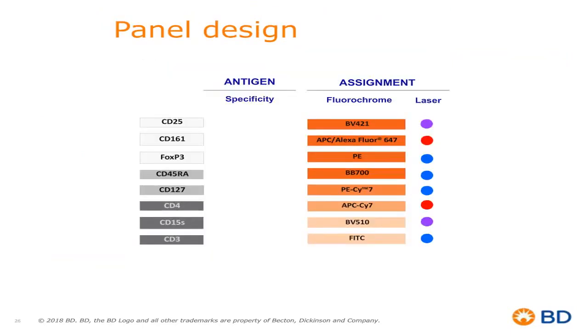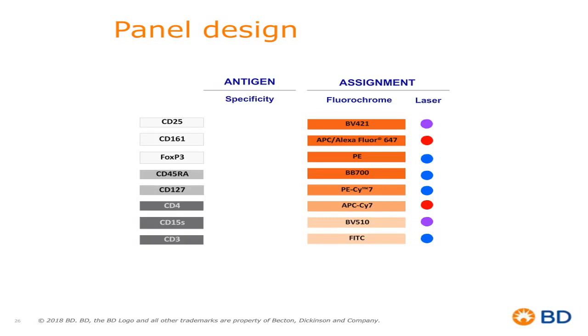So now I want to build my panel. You can see that my antigens are shown in different gradations of gray. How we actually identify our antigens and characterize them is not necessarily always just high antigen, mid antigen density, and low antigen density.